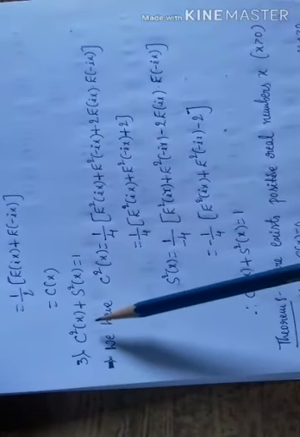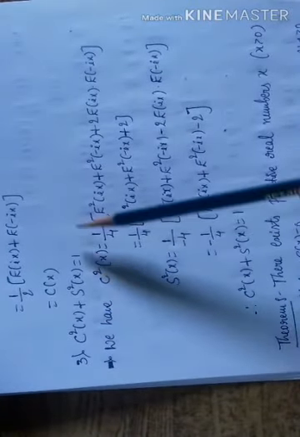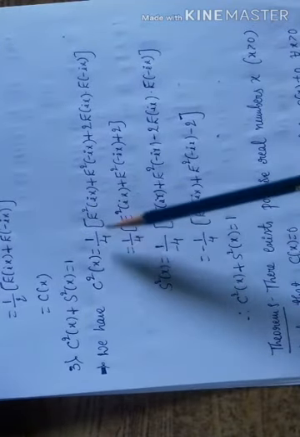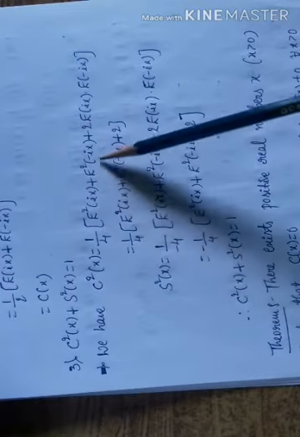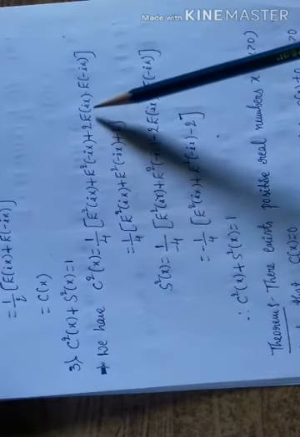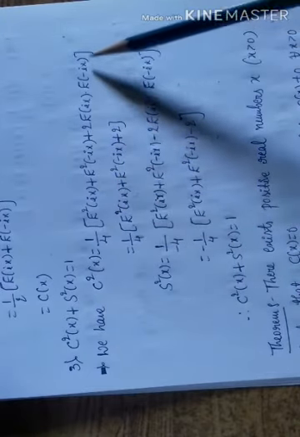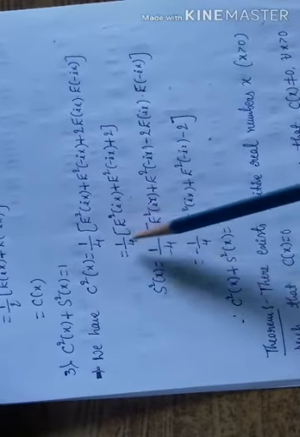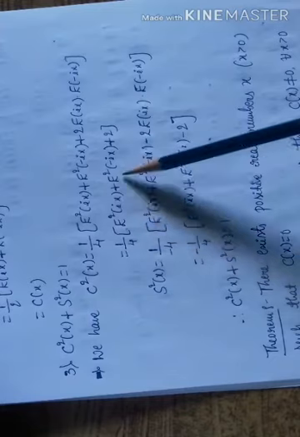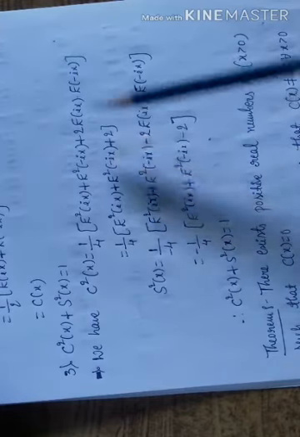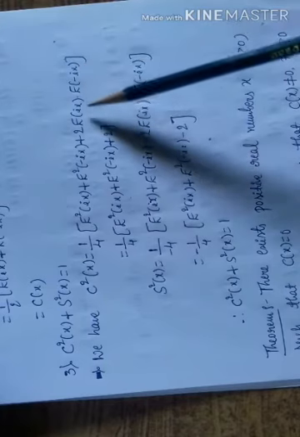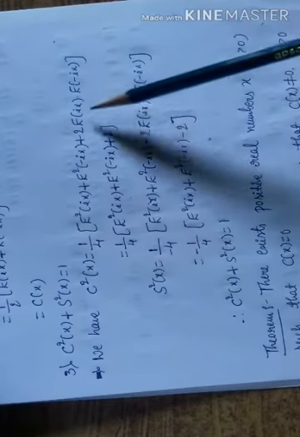Third one: C²(x) + S²(x) = 1. We have C²(x) = 1/4 (e^(2ix) + e^(−2ix) + 2 e^(ix) e^(−ix)). This is 1/4 (e^(2ix) + e^(−2ix)) plus the cross term. We know that e^(ix) times e^(−ix) is e^(ix − ix), which is e^0, and e^0 is 1. S²(x) = −1/4 (e^(2ix) + e^(−2ix) − 2 e^(ix) e^(−ix)).